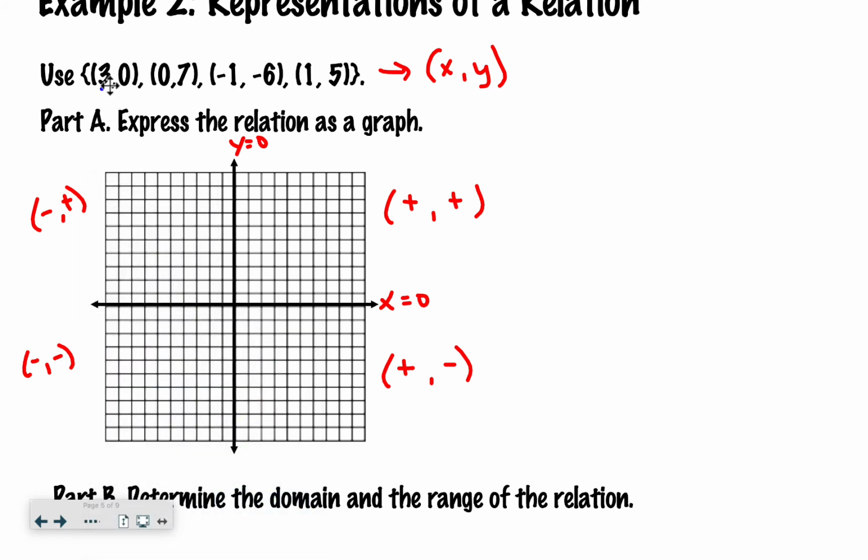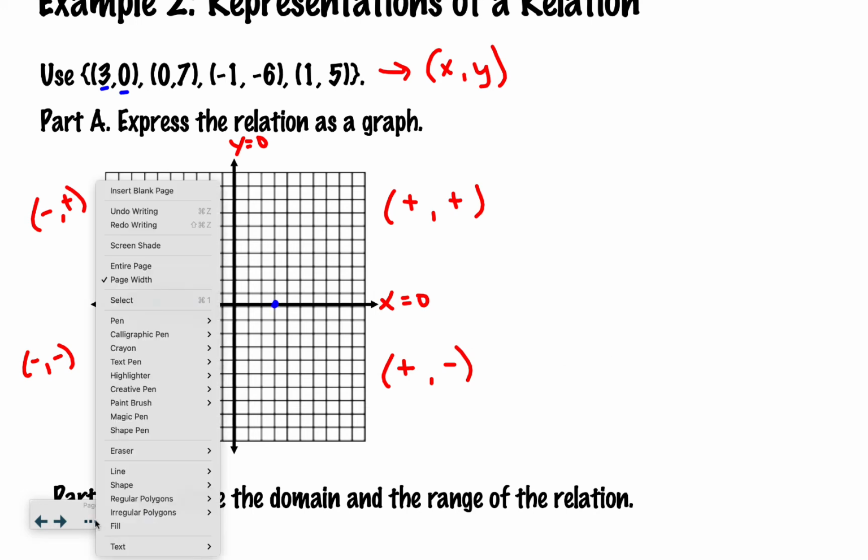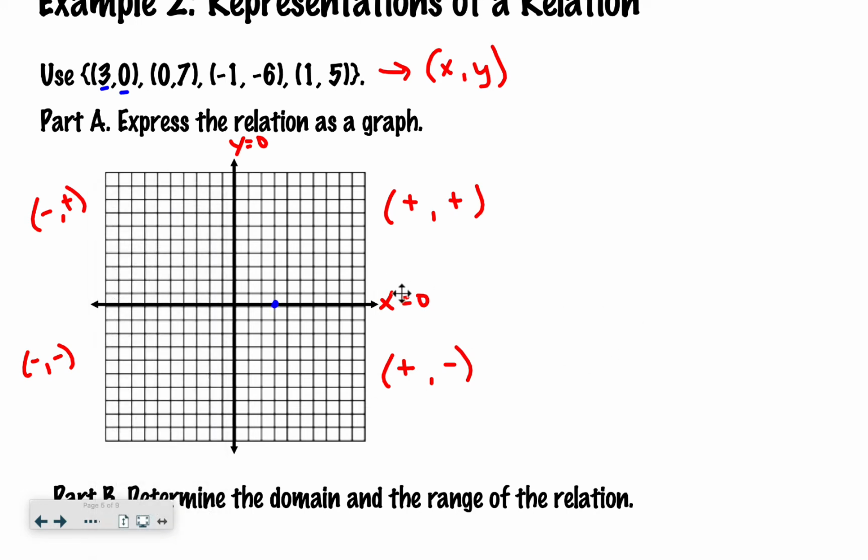Now let's practice graphing those. I have 3, 0. So I'm going to go positive 1, 2, 3. And then 0 means I don't go up at all. I actually don't want you to think of those as x equals 0 and y equals 0. We'll get more into that later. Just think of it as you don't move up and down or left and right when you have a 0.